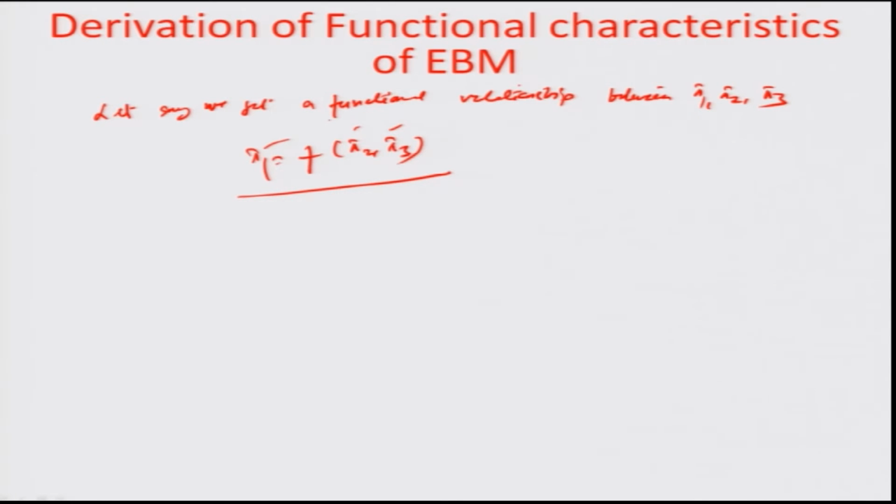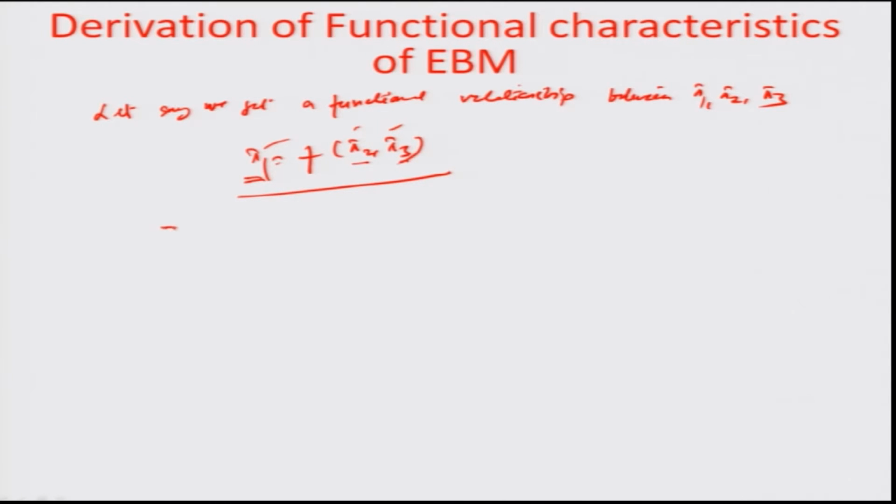It could be pi 2 as a function of pi 1, pi 3, or pi 3 as a function of pi 1, pi 2. The only thing which would happen here is that we have to somehow be able to correlate only on the dimension front, that it should be consistent. So, you have pi 1, which is a non-dimensional number, as a function of two more non-dimensional numbers. So, dimensionally they are absolutely consistent, and there is no question in this particular presumption.